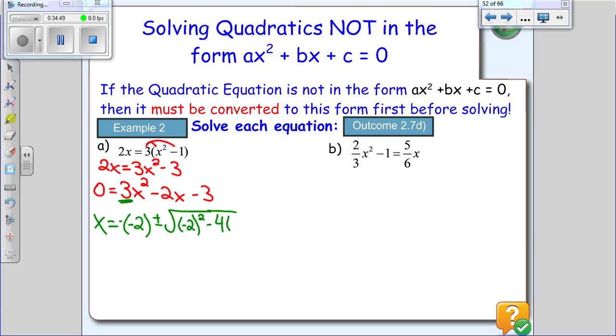So if you do this, you're going to get x equals 2. If you multiply these together, you're going to have 4 times 9. 3 times 3 is 9, which should be negative 9. And you're going to get 36. So 4 plus 36 gives us root 40, all divided by 6.